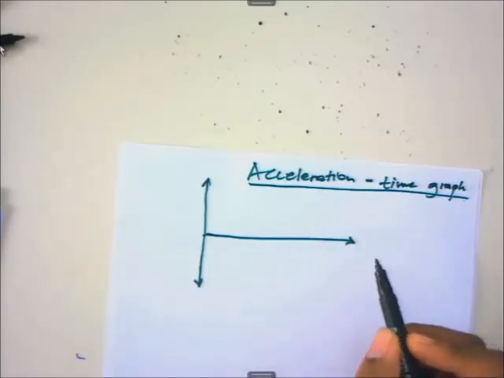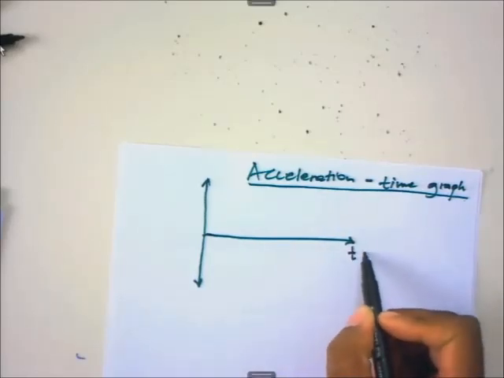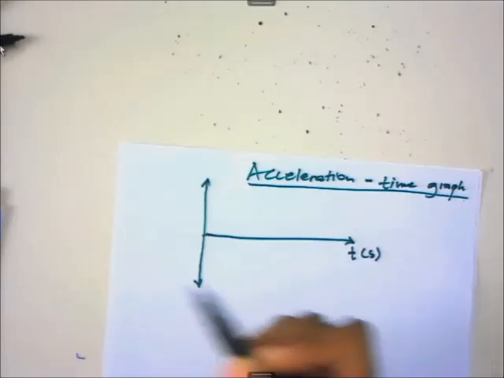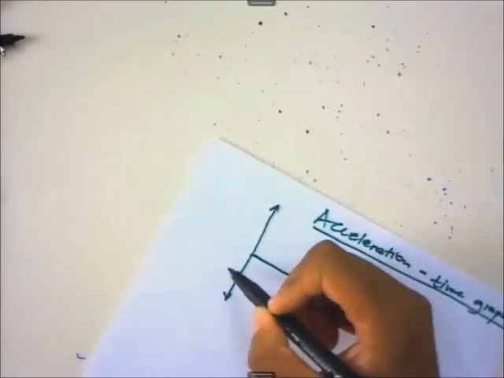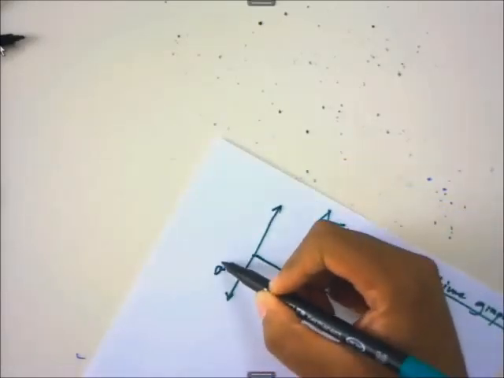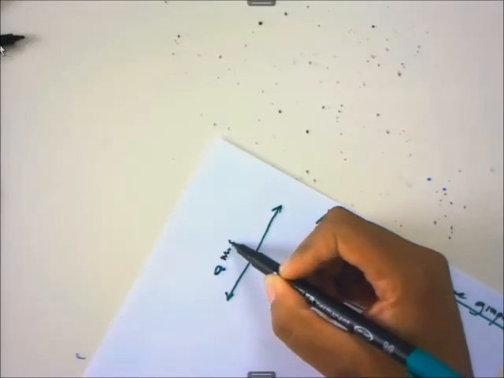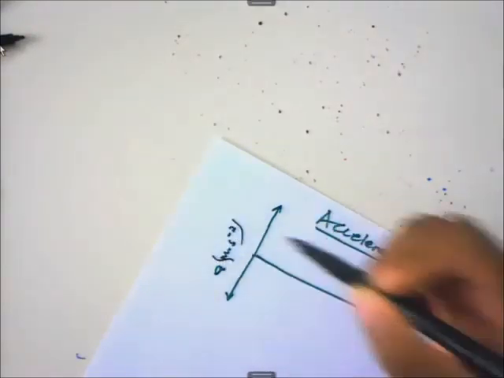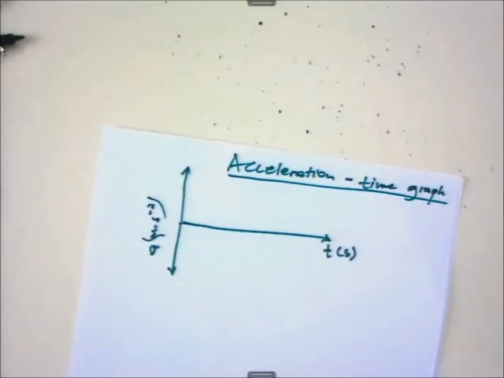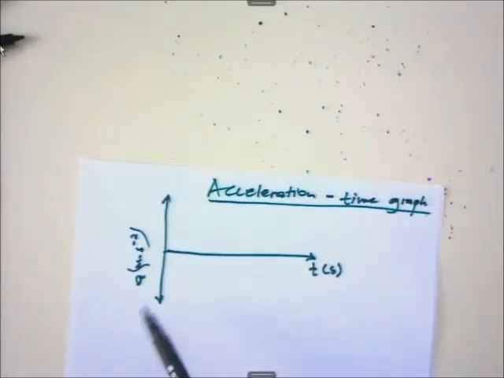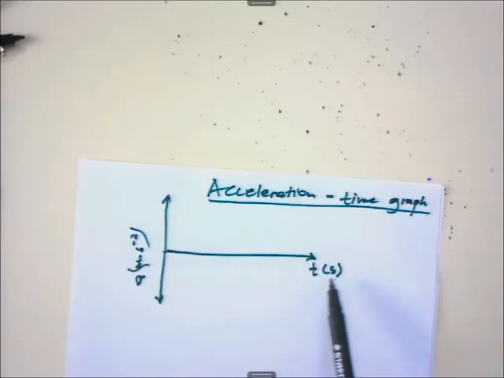So we all know that time is always independent, so it will be on the x-axis, and also acceleration will be on the y-axis or vertical line.